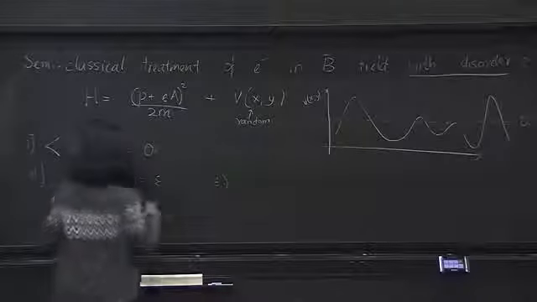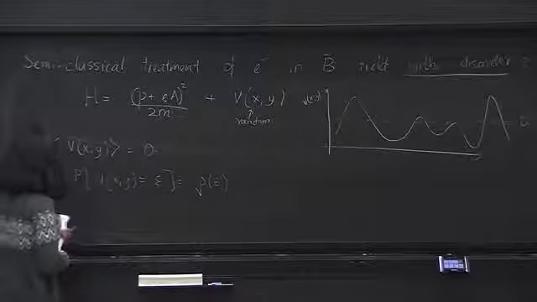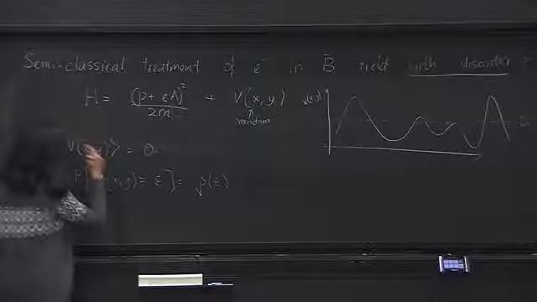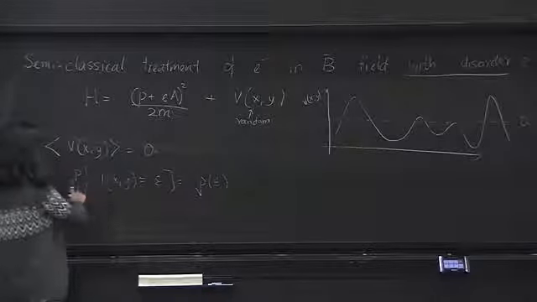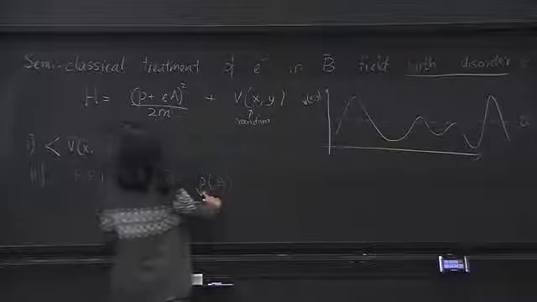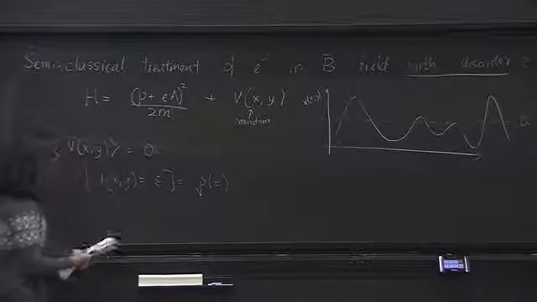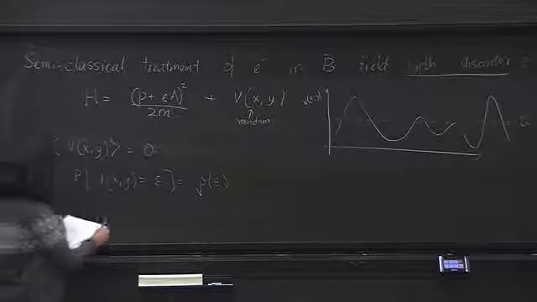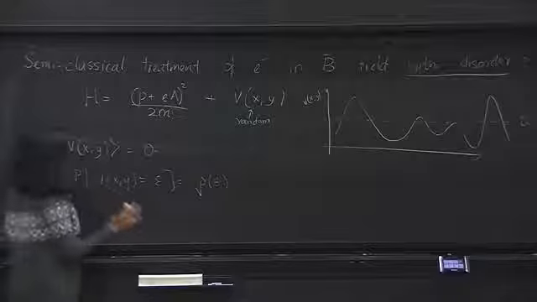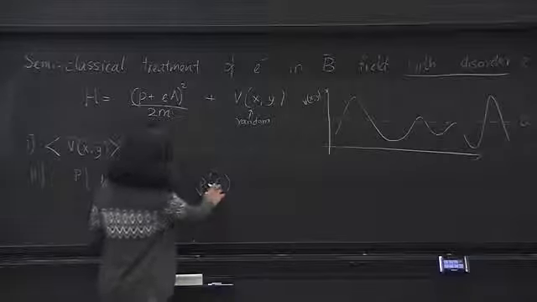So, anyway. On every site, the probability that the potential has value epsilon is given by this distribution function, rho of epsilon. And this function is smooth, well-behaved, monotonic in epsilon.